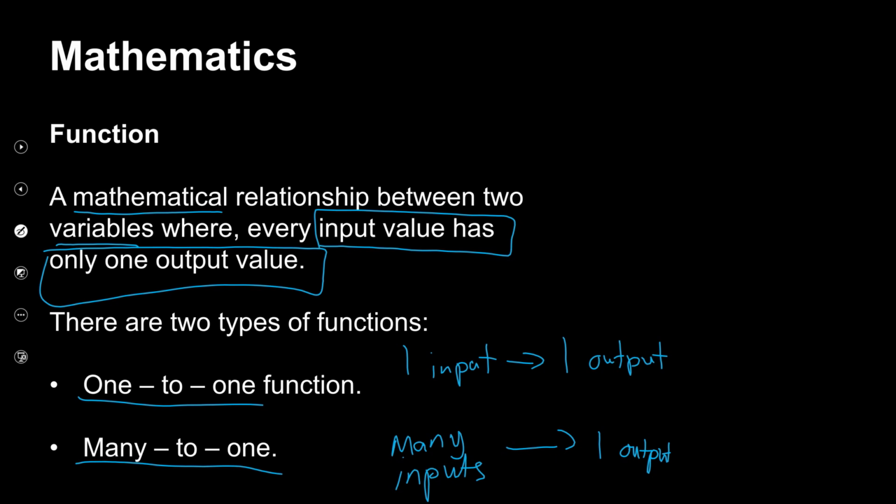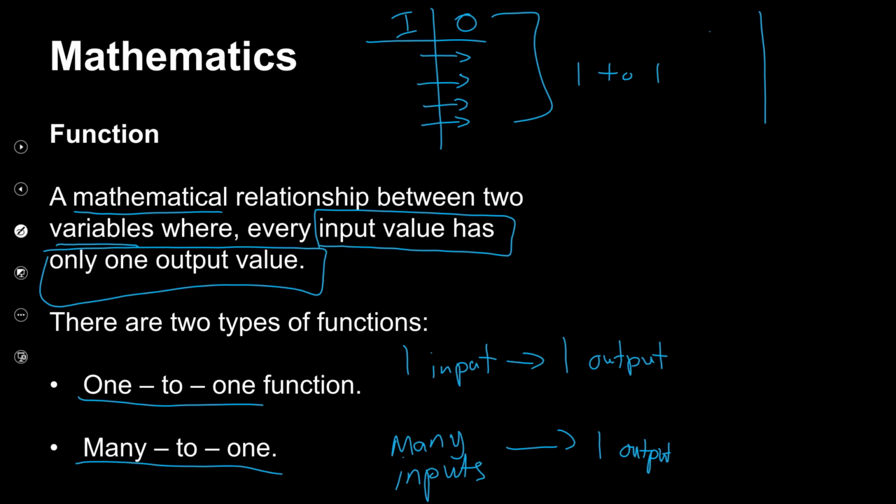Normally when they show you this, they do something like this, where they say this is input, that is output, and then arrows like this, to say that this is a one-to-one function, right? And then if it's a many-to-one, then you will have input and then output.